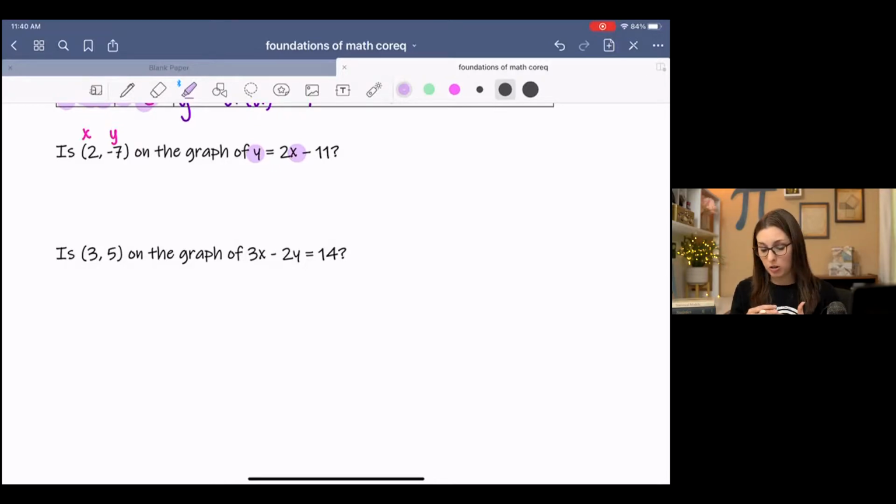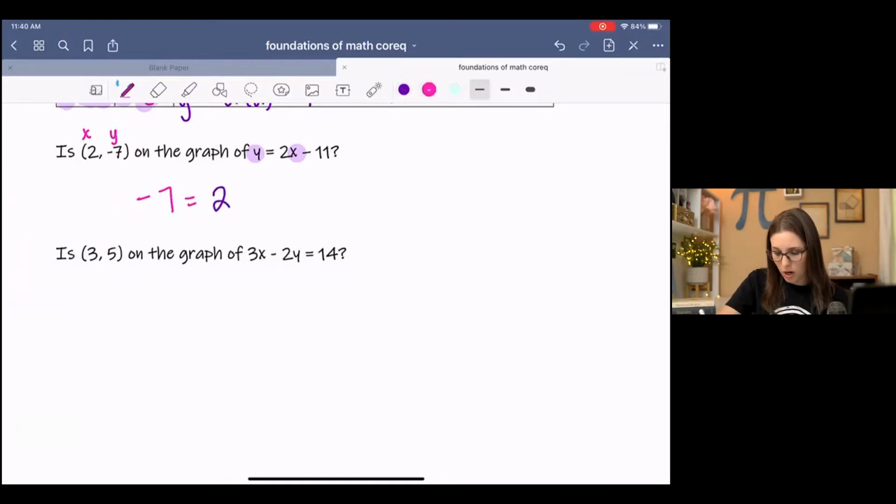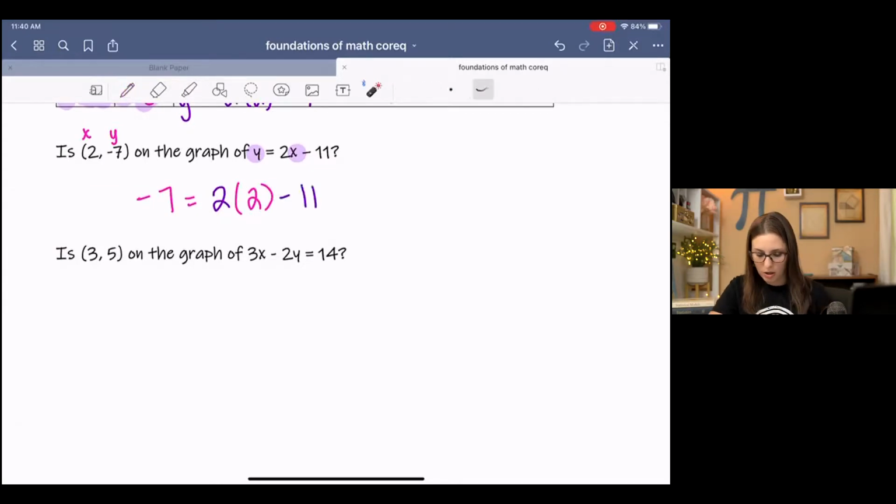The other way you could do this is just build a table of values that includes 2. And if the y value is -7, then yes, it is on the line. So we have y equals 2 times x minus 11. So I took the y value and plugged it in for y.